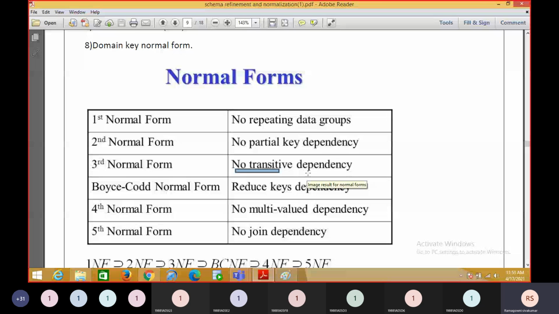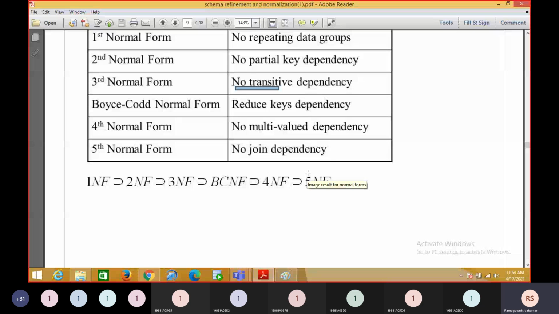So next, fourth normal form, it follows the rules of the third normal form. And here no multi-value dependency. We have multi-value, so there should not be a dependency. And fifth normal form, no join dependency. So in real time also, we can use up to Boyce-Codd normal form.